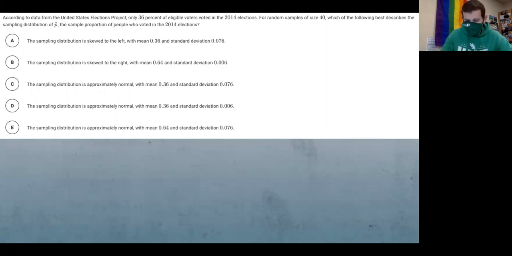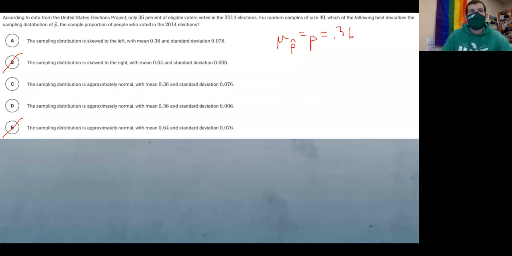So to just straight up calculate it, we've already talked about this. The mean of our sampling distribution of sample proportions is just going to be the same as the population proportion, which is 0.36. So I can cross out B and E. Let me make sure I'm not reading this incorrectly. Okay, that matches up.